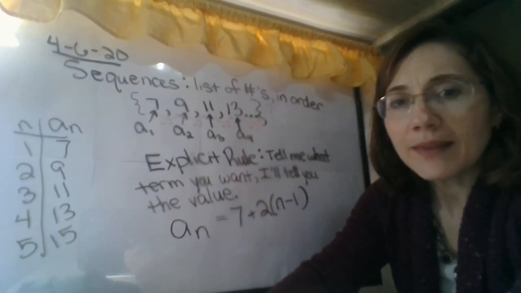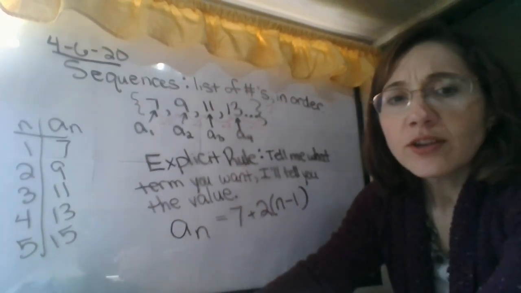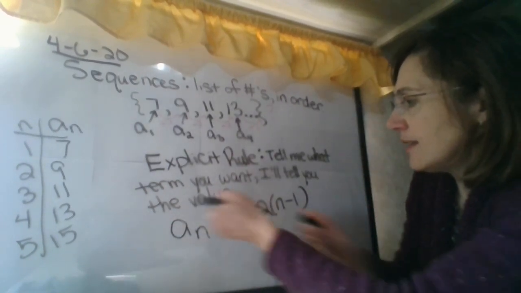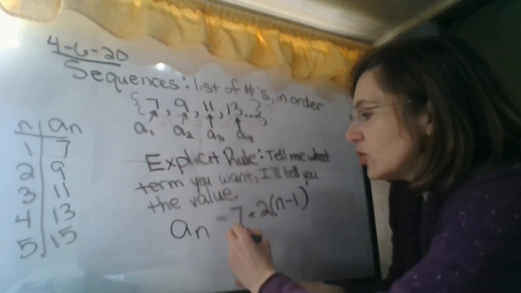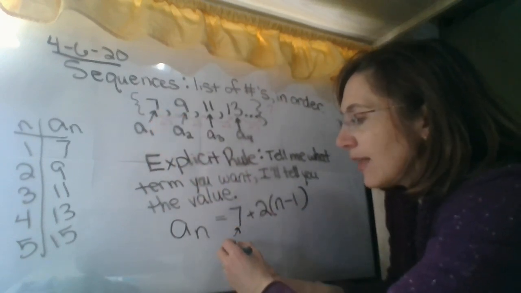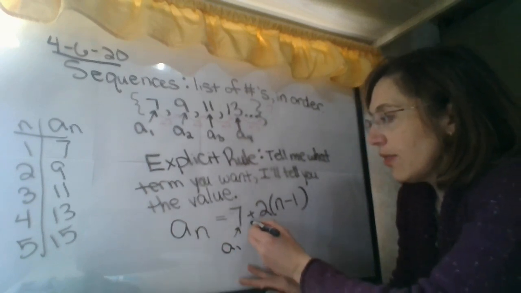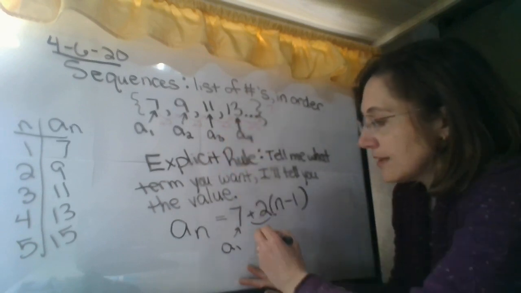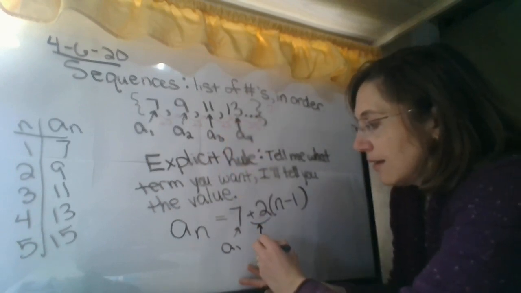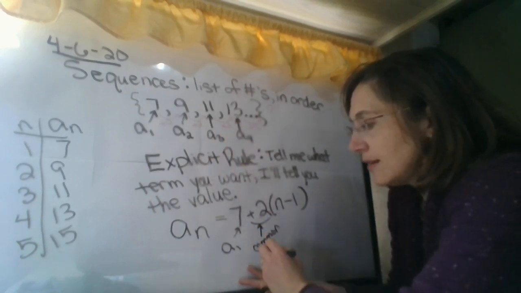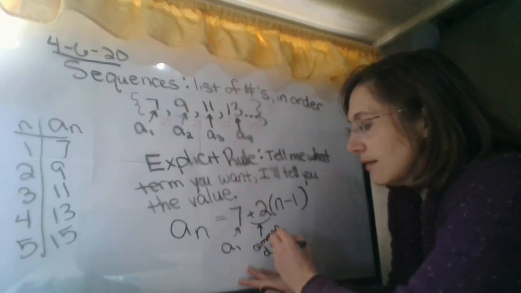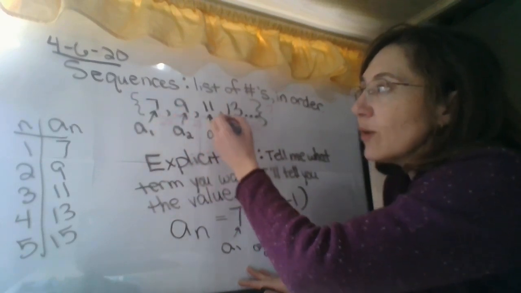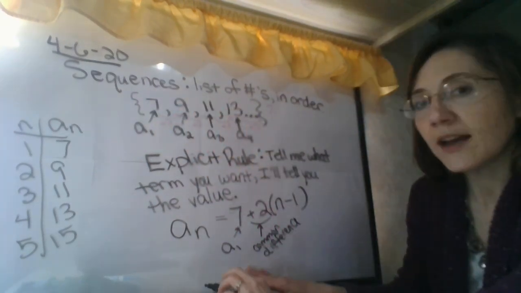So let's label some things on this example so you remember how to do this for problems that you will see. This 7 came from the first term in our sequence, so I'm going to label that a sub 1. The plus 2 is because that is my common difference, because I see in my pattern it's going up by 2, up by 2, up by 2 every time.